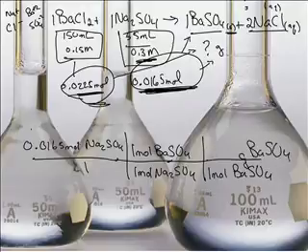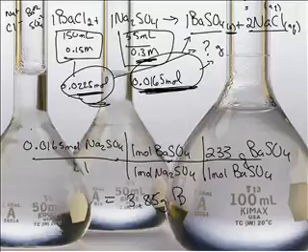Turns out it adds up to 233: Ba plus S plus 4 O's. So now we just take our number, 0.0165 times 1 divided by 1 times 233, and you get 3.85 grams of barium sulfate.